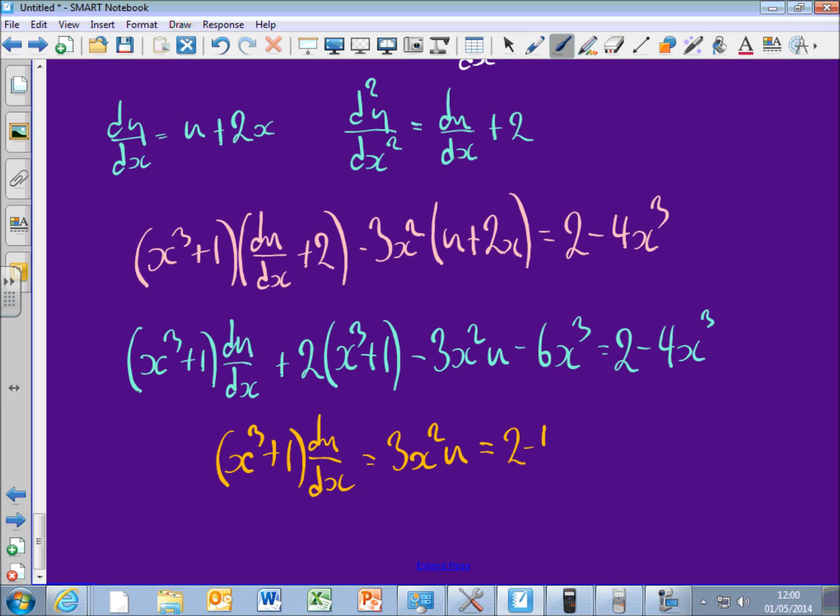I'm going to get 2 minus 4x cubed minus 2x cubed. Oh, hold on, what am I doing here? I've done something wrong, haven't I? Does it all cancel, doesn't it? Yeah. Let's just skip. I have done it. It all cancels. So that just equals 3x squared u, yeah?